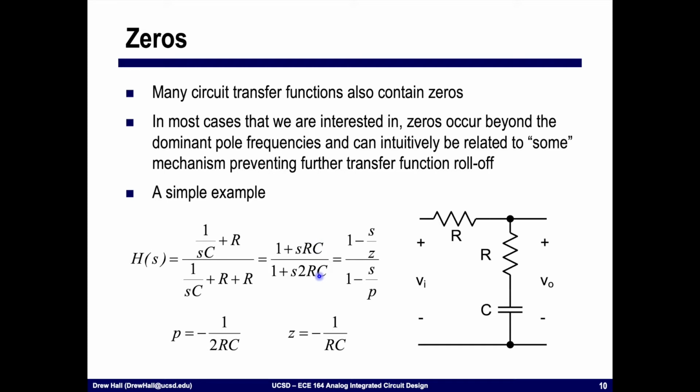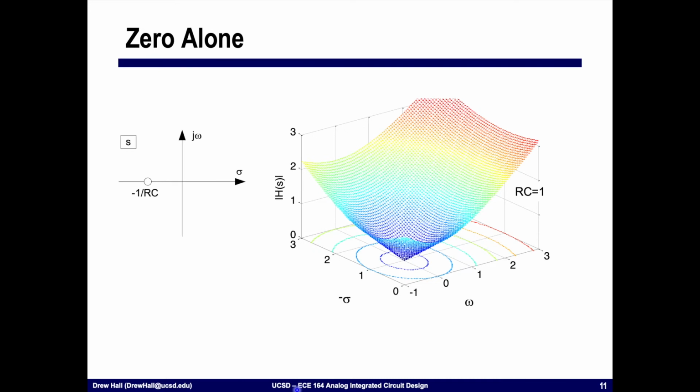What this says is that in the numerator I have one zero, and in the denominator I have one pole. The pole is at minus 1 over 2RC, which is a left half plane pole, and the zero is at minus 1 over RC, which is a left half plane zero.